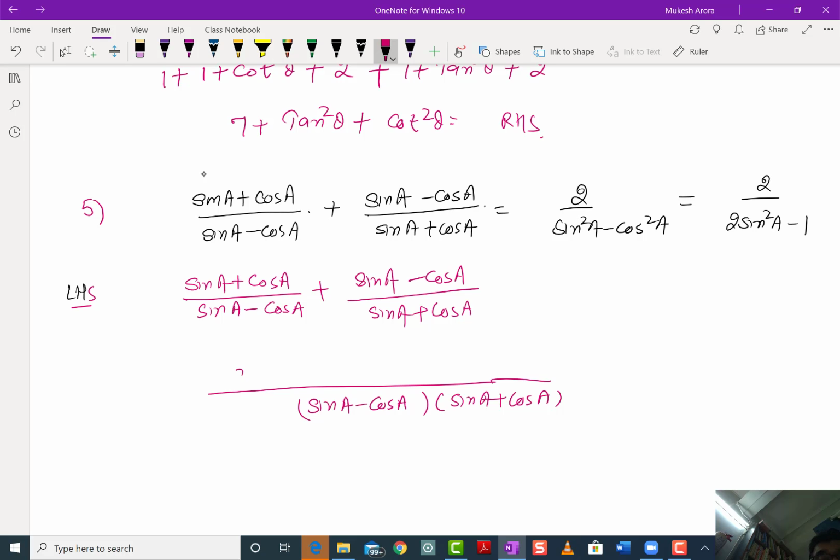It will be sin A plus cos A whole square plus sin A minus cos A whole square.